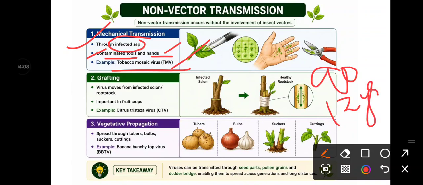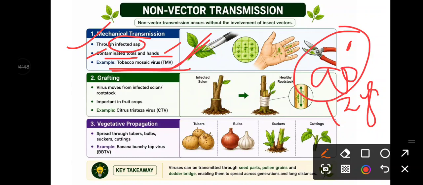So this is about the physicochemical properties of the tobacco mosaic virus. For detail, you can check my previous video on the characteristics and properties of viruses, where I mentioned various characteristics with examples. As TMV is very stable up to 90 degrees Celsius, mechanical transmission is possible for this virus. Otherwise the virus would be denatured or degraded, and lose its infectivity as well as its integrity or stability.